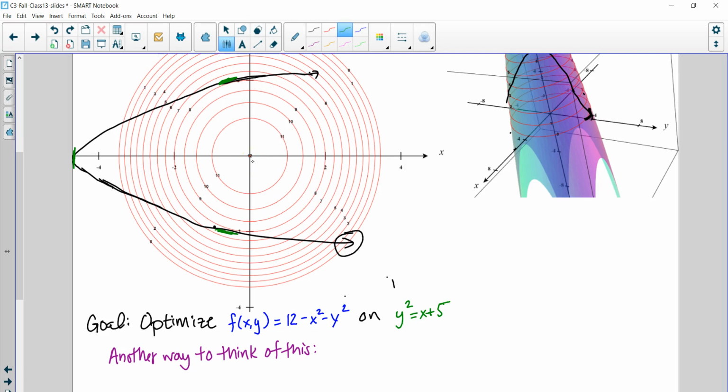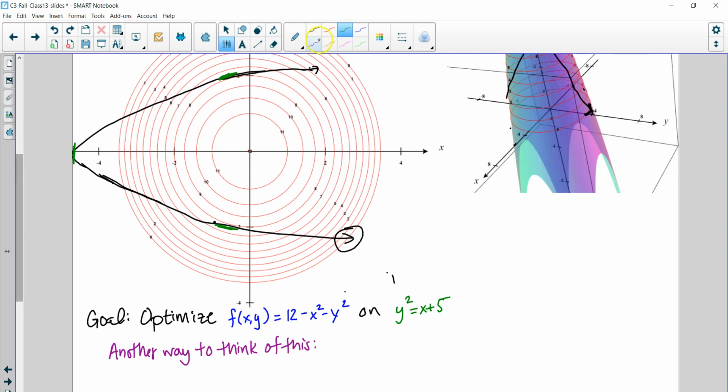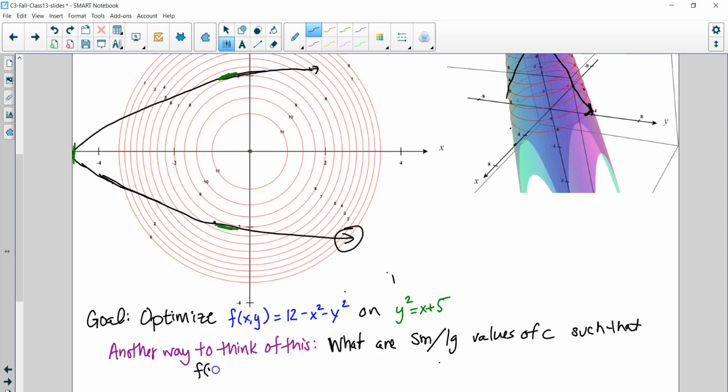So really all I want to do is reframe this as: what are the smallest or largest values of c such that my function f of x, y equals c intersects, so this is where the surface would intersect the path, y squared is equal to x plus 5.